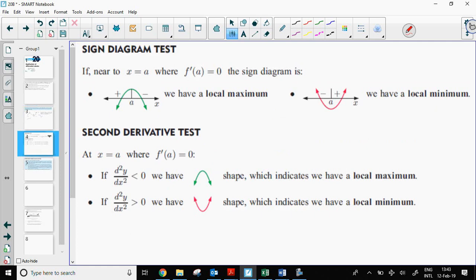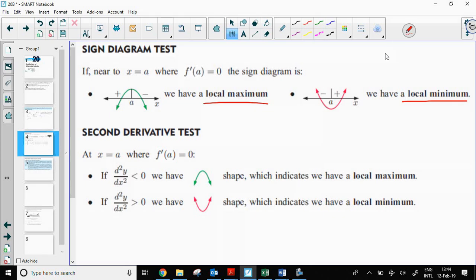Our book calls it the sign diagram test, but same thing. If you find out that the first derivative is 0 at a particular point, you can then just draw out a sign diagram for the first derivative, and if you find that it changes from positive to negative, then you've got a local maximum. If you find out that it changes from negative to positive, you've got a local minimum. It's the kind of stuff that we talked about in chapter 19.